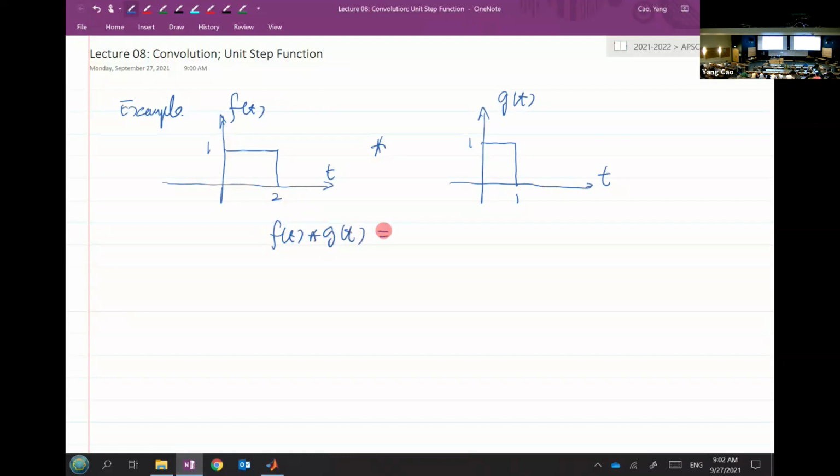The question is to convolve the two boxes.